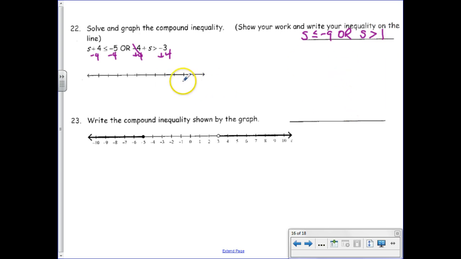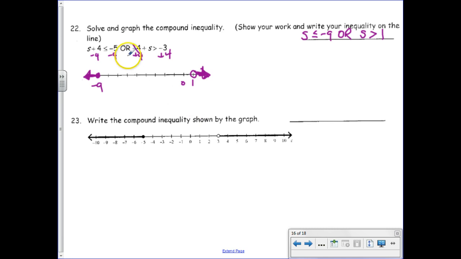So here's what I would do. Here's 0. This could be 1. So half of it is going to be greater than 1. And then -1, 2, 3, 4, 5, 6, 7, 8, 9. It fits. Here's -9. This one should be a solid dot and then shade to the left. Fill in the arrow. There you go.